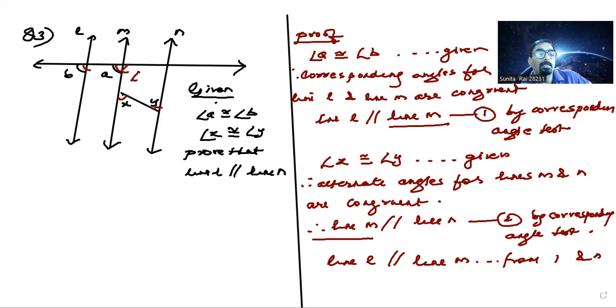Therefore, line L is parallel to line N. I hope everyone understood me here. Transitivity. Look, beta, it is the same M. L is parallel to M, same M is parallel to N. So L is parallel to N. Okay. Very simple question, children. I hope everybody has understood it. Now we will do the other sums in my next lecture.